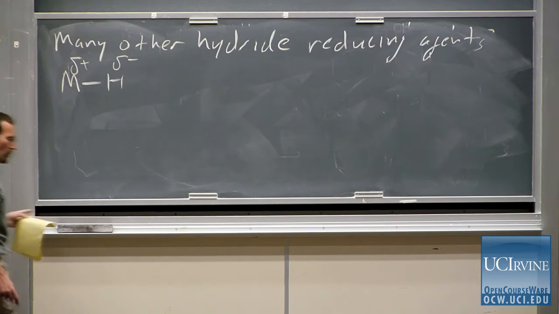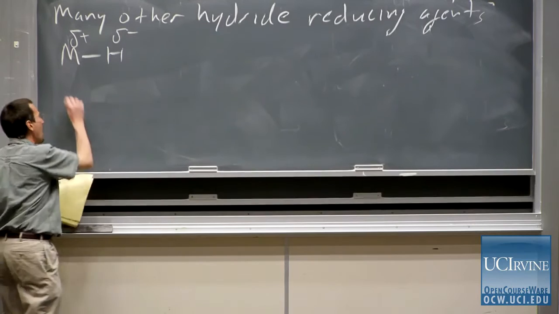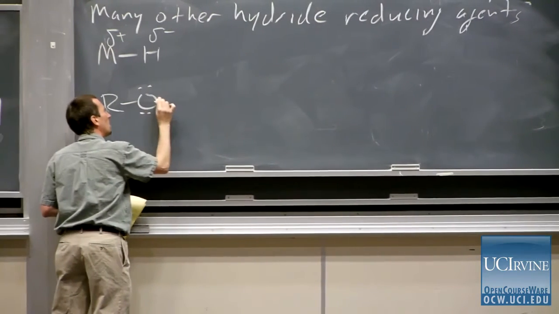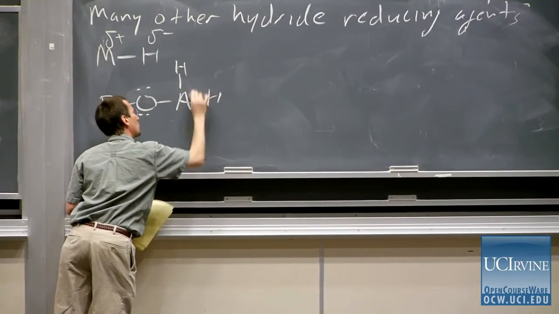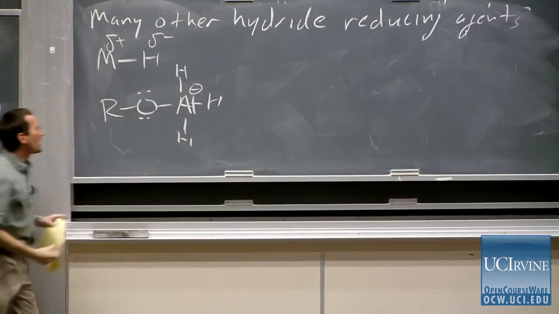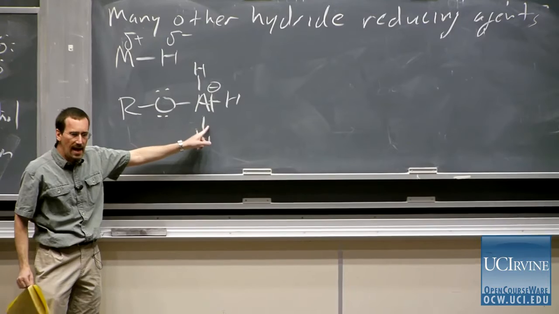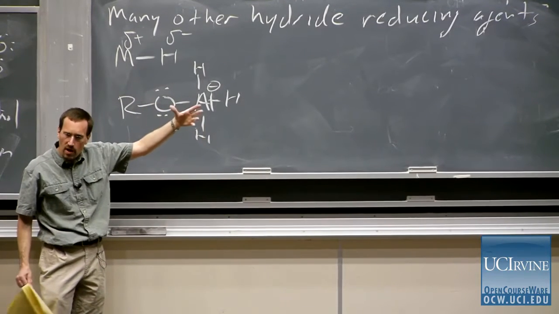So the general principle, as I said, with lithium aluminum hydride: technically after that first mole of hydride has transferred, the AlH3 reacts with the alkoxide, and now this intermediate can transfer again a hydride anion to another carbonyl group.